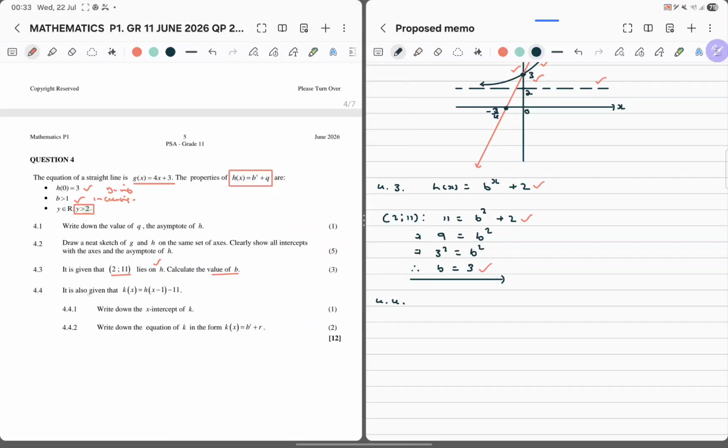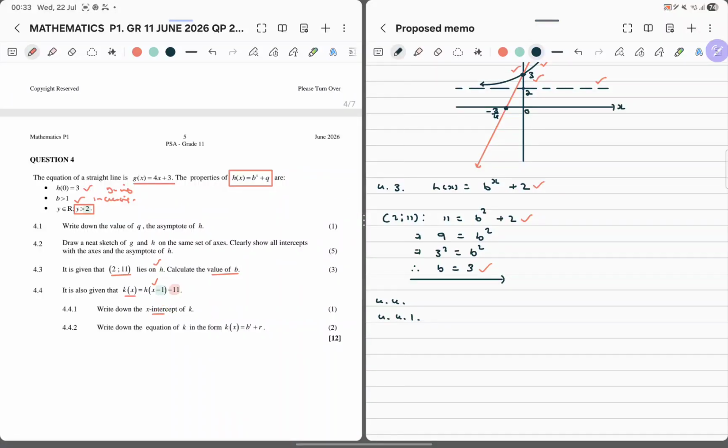It is also given that K of X is H of X minus 1 minus 11. So this means we are moving the graph of H 1 unit to the right and 1 unit down. So this is 2 transformations, horizontal to the right and vertical down. Okay, so let's see.